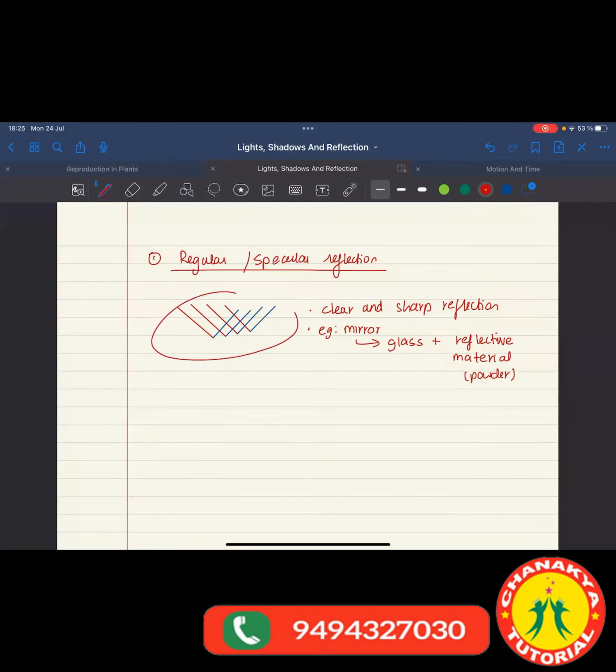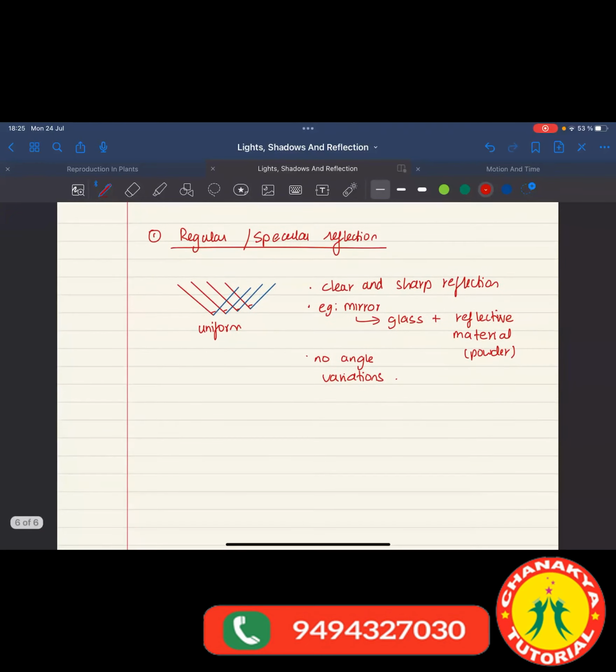So this is uniform. There is no much variation in the angle. All the angles are the same. This means that the haziness and the blurring are almost entirely eliminated.